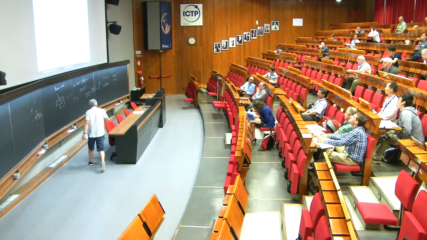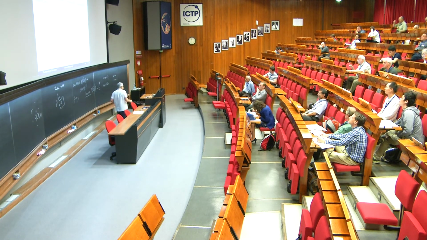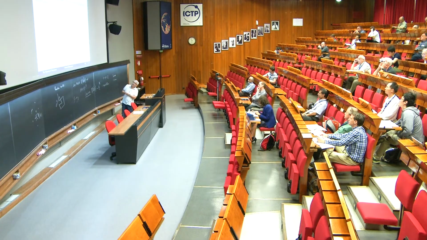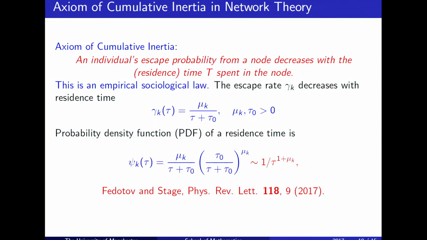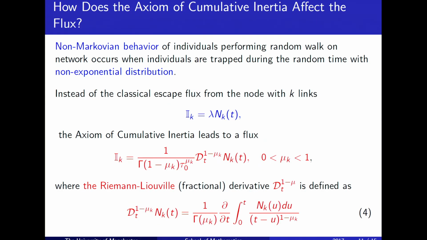So the main result is, how to formulate this mathematically? We managed to translate this axiom of cumulative inertia, which is a famous law in social science, into very nice mathematics. So that's the difference in terms of mathematics. For the classical escape rate, we have this law, which is a standard first order reaction.